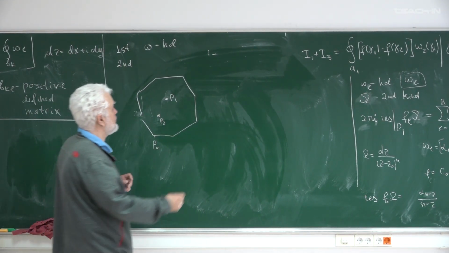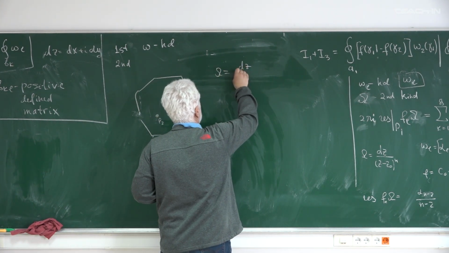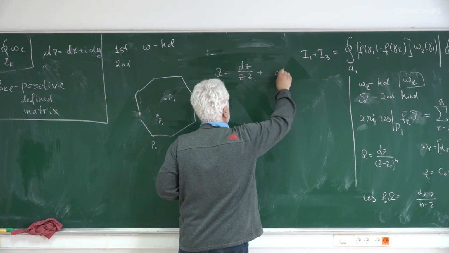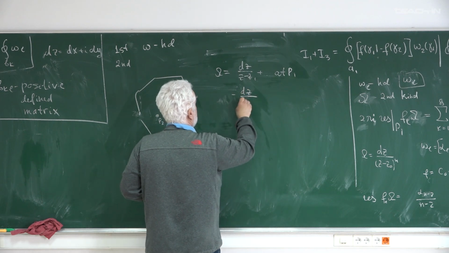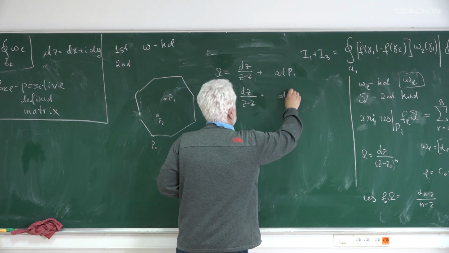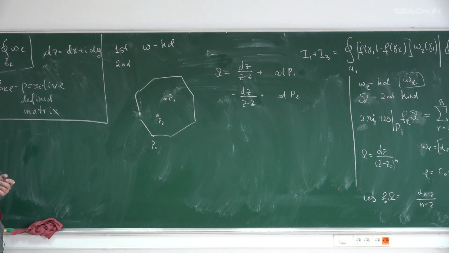Now, omega has a pole at P1 and at P2. We agree. Plus something regular.